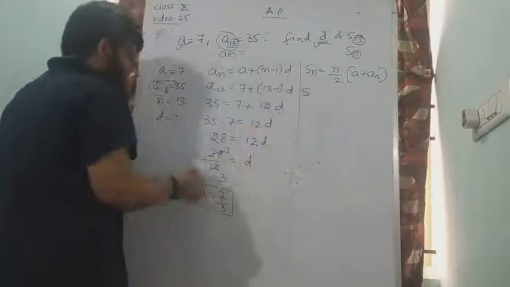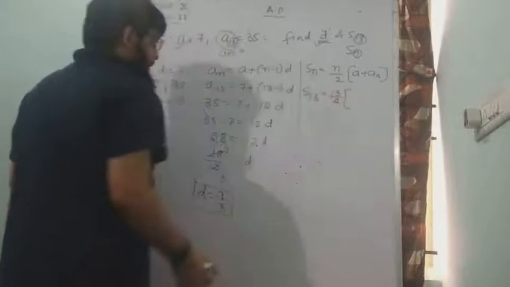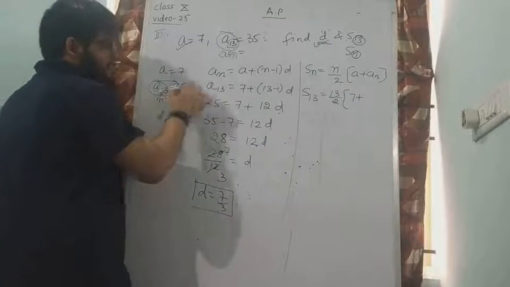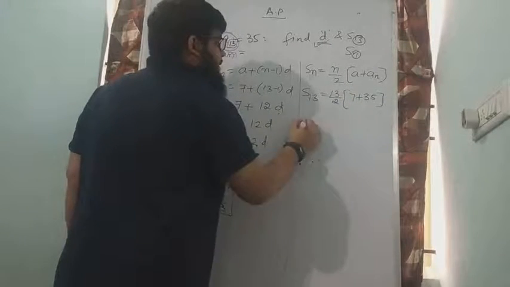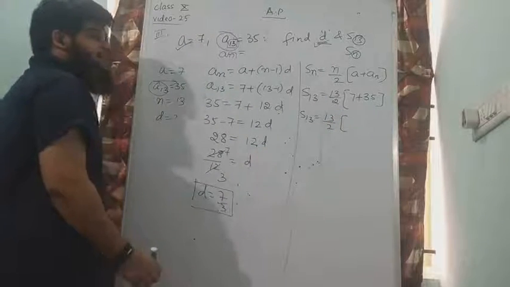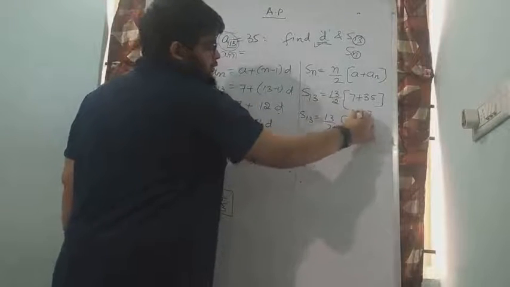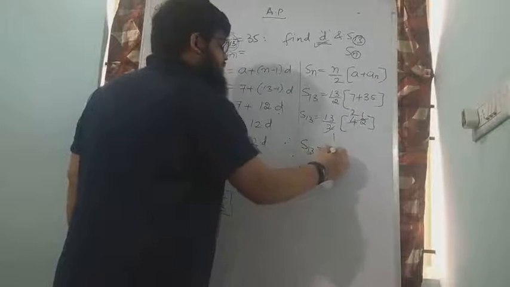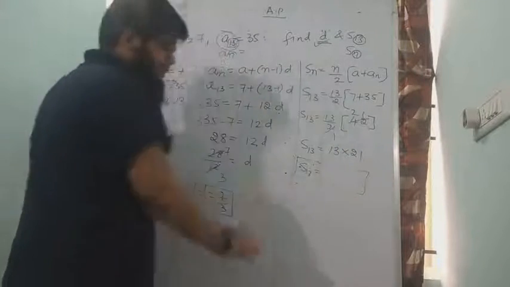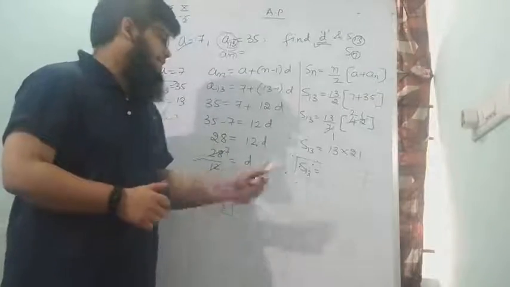So S13 is equal to 13 by 2 into (A, which is 7, plus A13, which is 35). S13 is equal to 13 by 2 into 42. 2 ones are 2, 2 twos are 4, 2 ones are 2. S13 is equal to 13 into 21. You do the multiplication for yourself and see what 13 into 21 is. That is going to be the answer for S13.